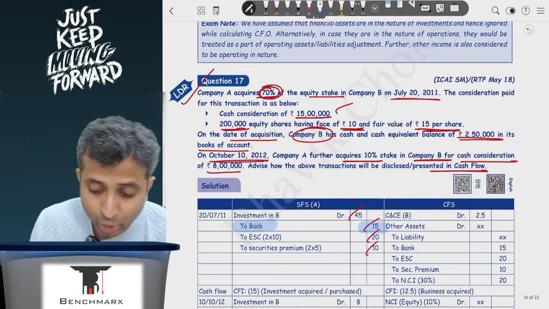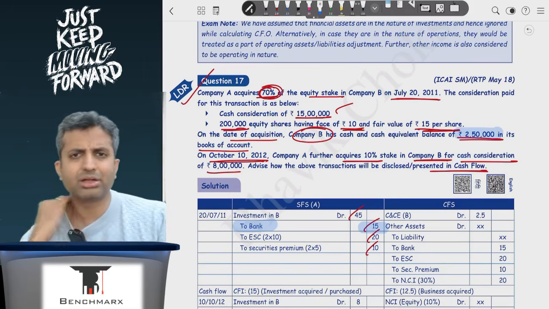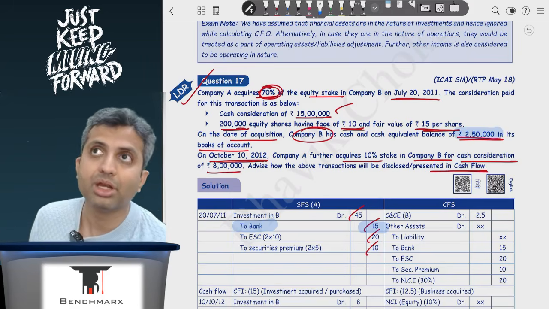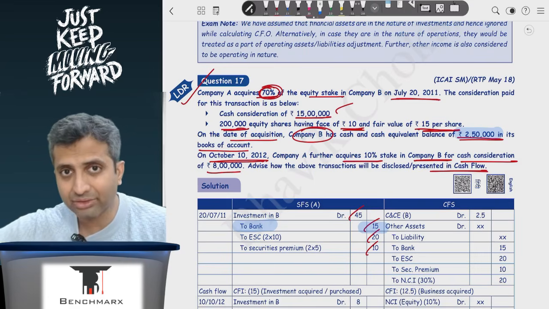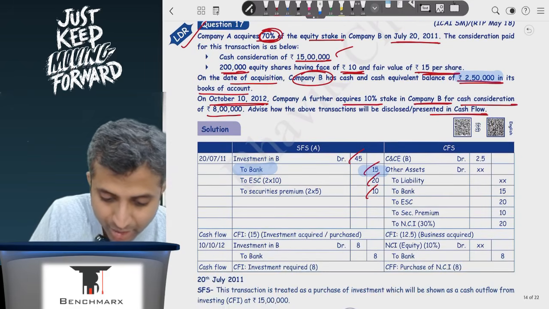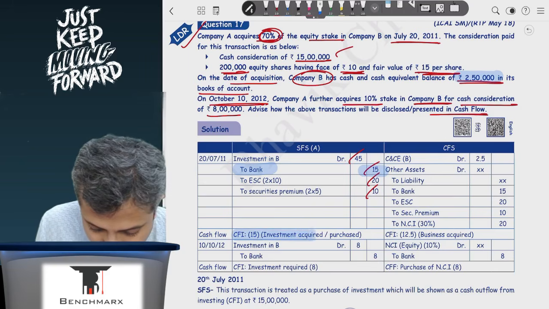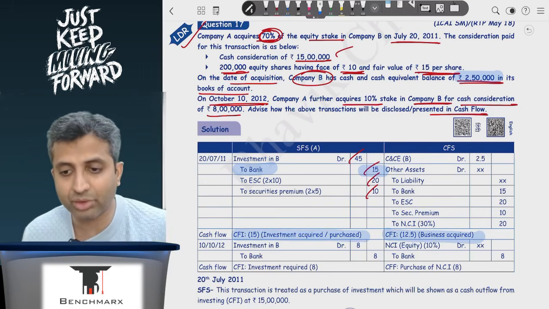Now these net assets include cash of 2 lakh 50. Net assets account debit, again to bank, let us say 2 lakh 50, to share capital, to securities premium. So I will pay 15 lakhs, but I'll receive 2 lakh 50. So my CFI over here will be 12.5 lakhs only. Like here CFI will be 15, here CFI will be 12.5, because 2 lakh 50,000 of net cash will also be received.